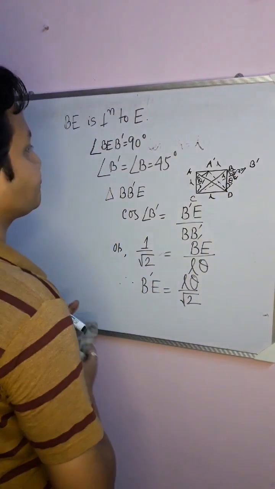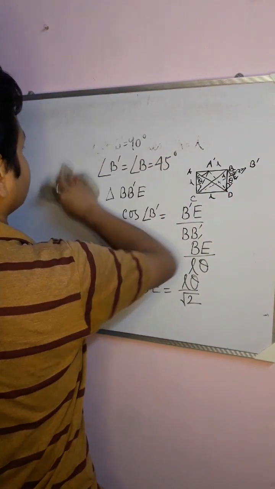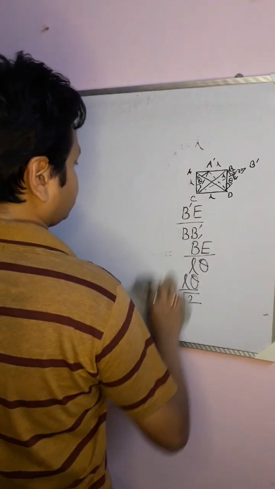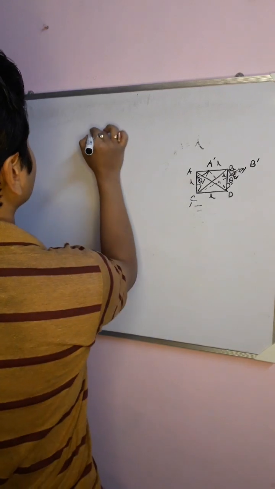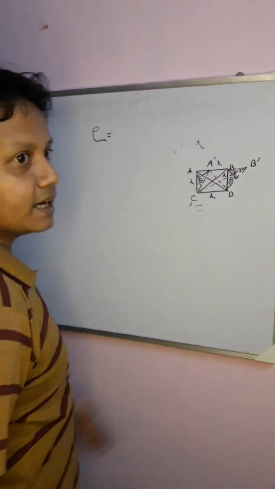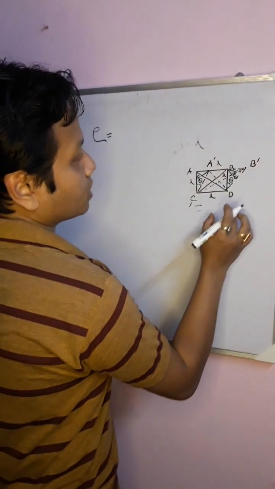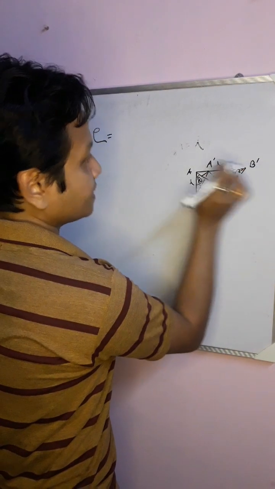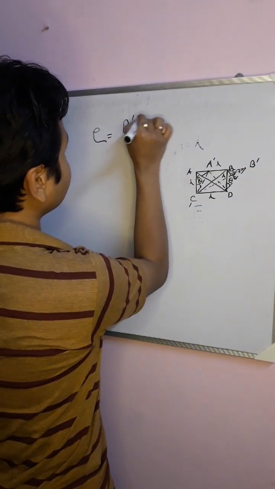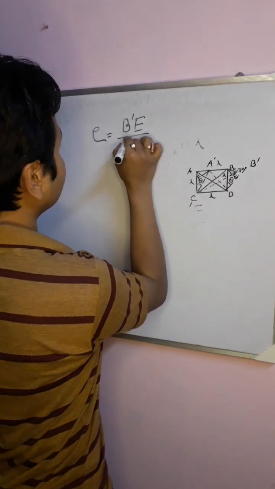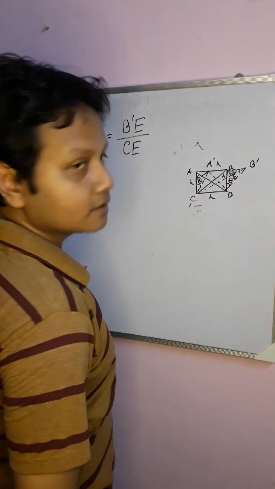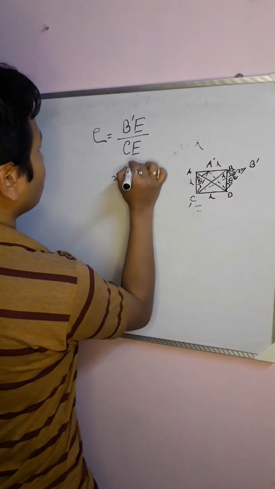Now what will be the extensional strain, that we all know, increase in length by original length. The amount of length increased is B dash E, and the original length is CE.